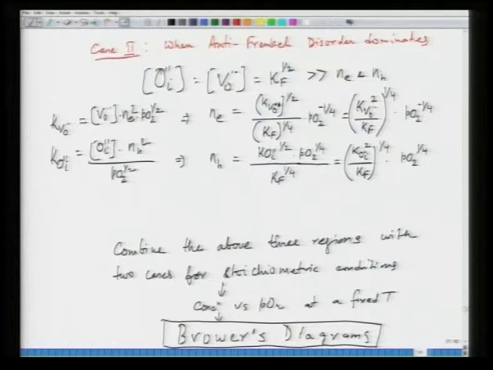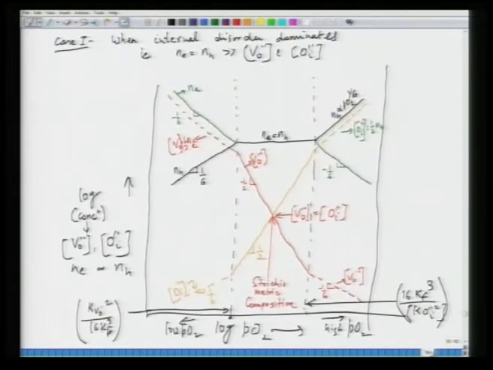If we combine all these three regions with the limiting conditions, we get an equilibrium diagram which is called the Brouwer diagram. The first one is when intrinsic disorder dominates. I first draw Ne equal to NH in the stoichiometric region, then I extend Ne and NH into high and low pressure regions, whose expressions are the ones we have worked out, and accordingly we can also draw OI and VO concentrations.